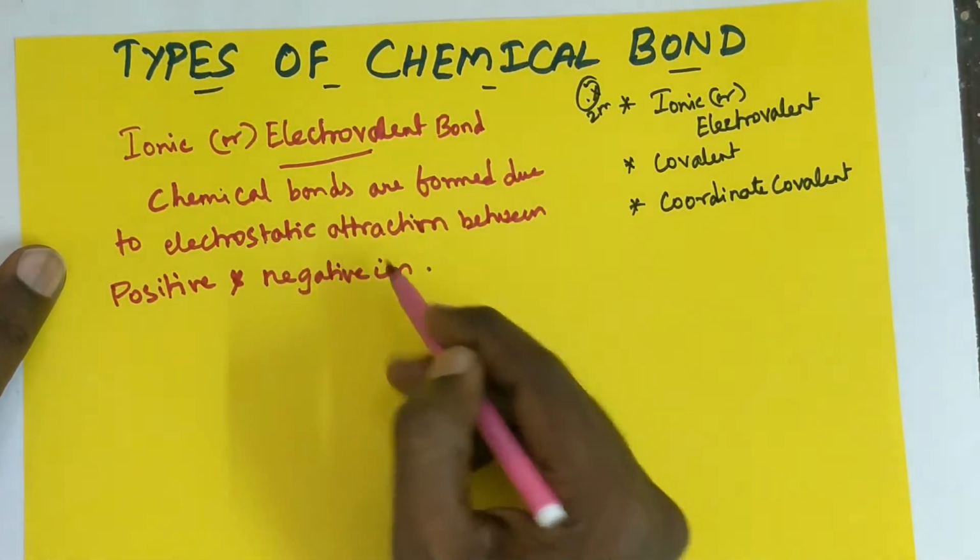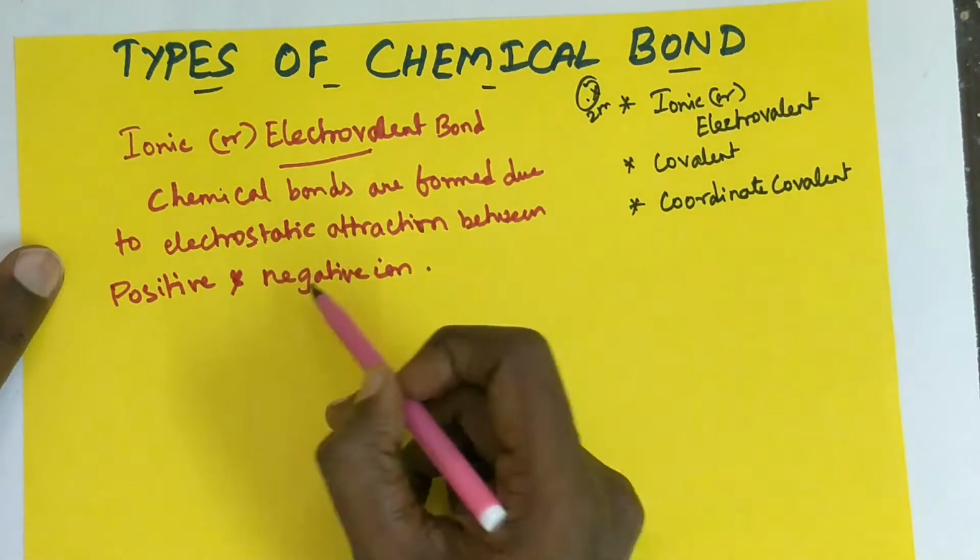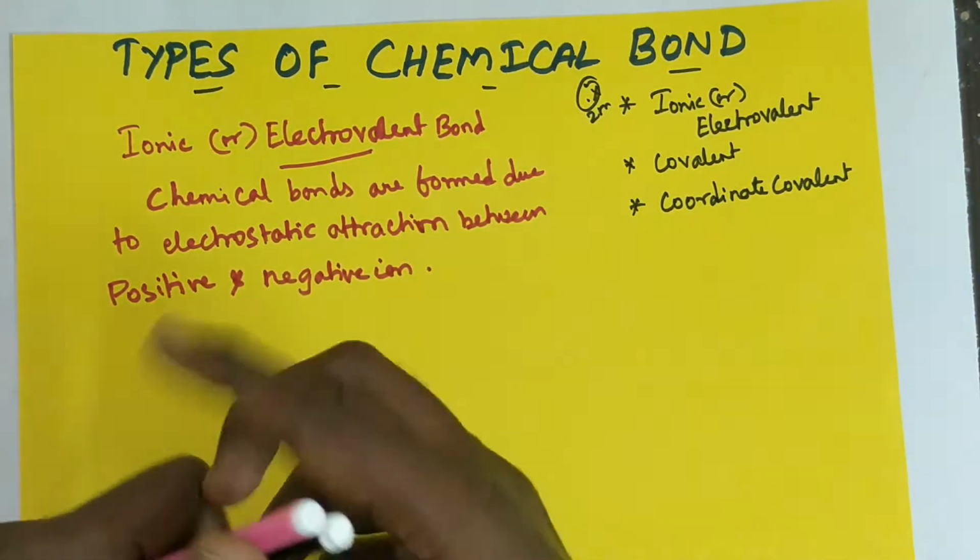So ionic bonds are formed due to electrostatic attraction between positive and negative ions.